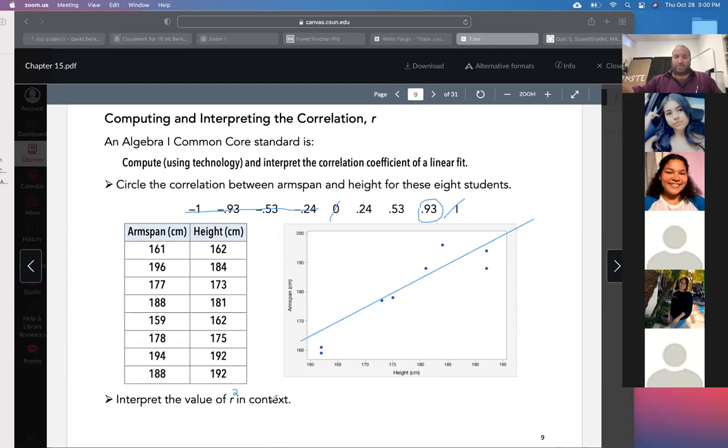Well, by the way, the same button on your calculator that gave you R also gave you R squared. In this case, what is my R squared value? 0.866, and then it keeps going. All right, we'll say about 0.866. And the question is, what does R squared equals 0.866 mean?